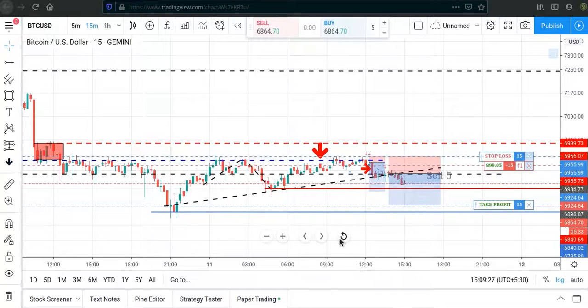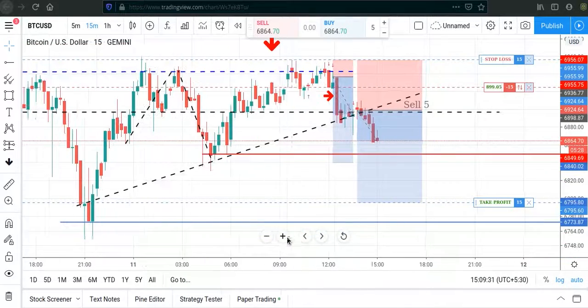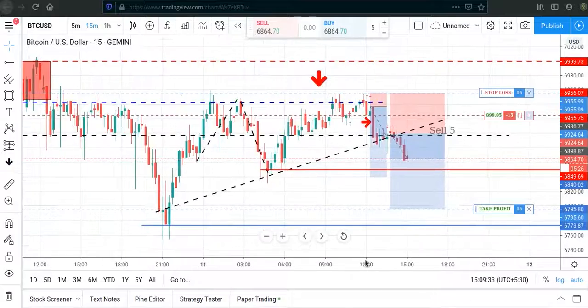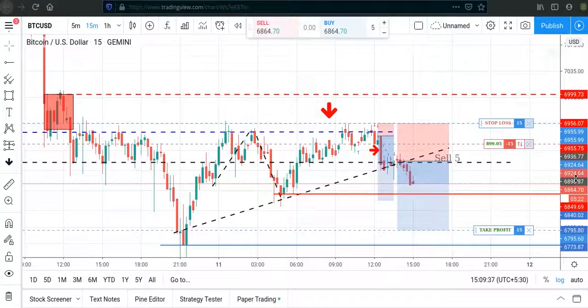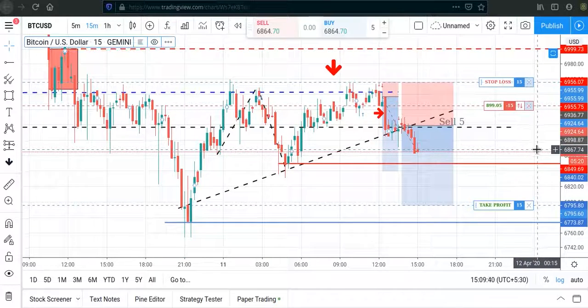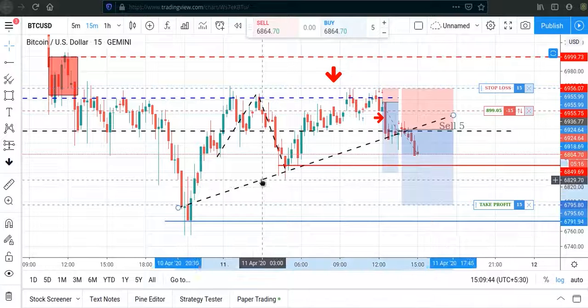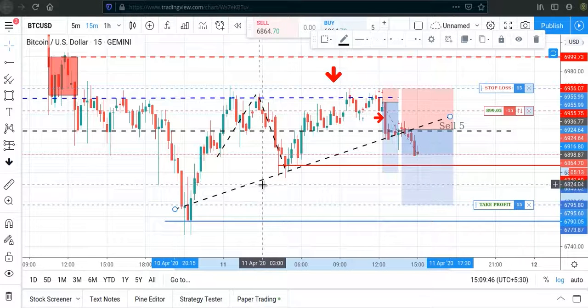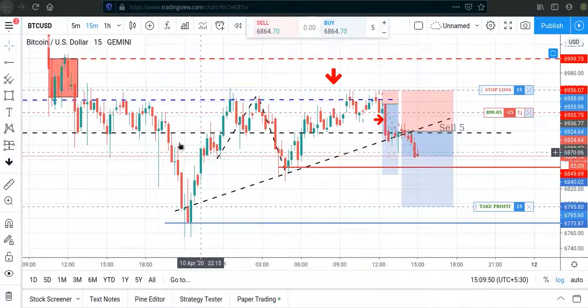I think it's clear now. Okay, so this is the trend line in 15 minutes that looks like an uptrend.